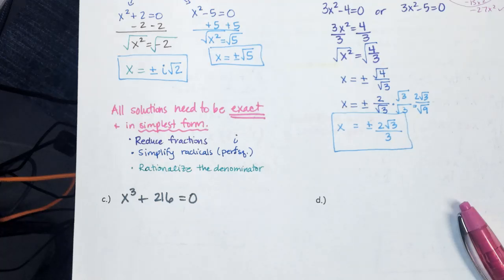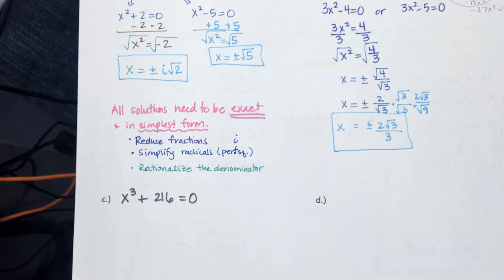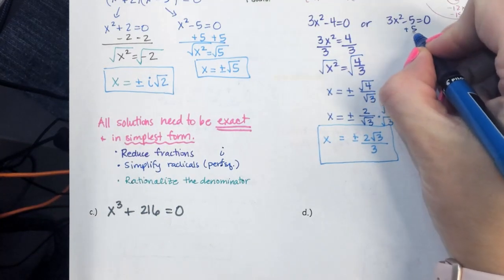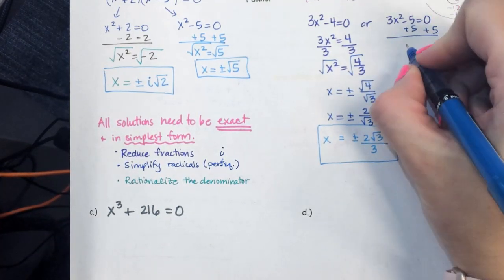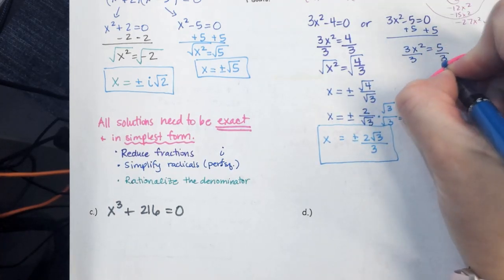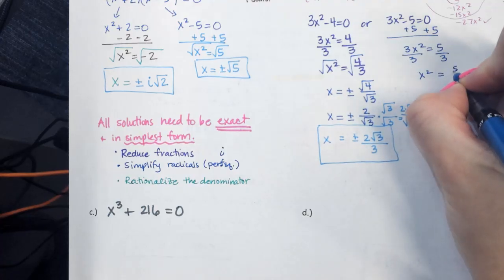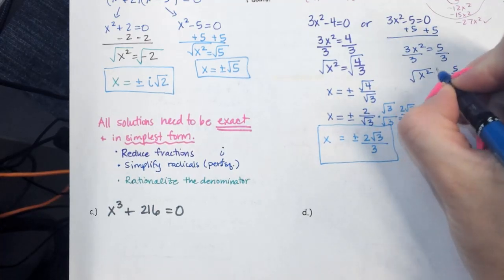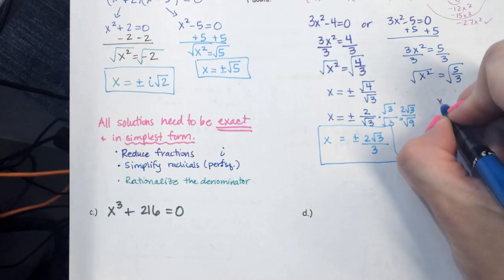What? You can't leave it like that. So guys, we just talked about you can't have what in the denominator? A square root. So we do need to simplify that, okay? So you have 3x squared equals 5. Divide by 3. We're going to take the square root. Make sure you are showing this step, okay? That's what undoes the power of 2.